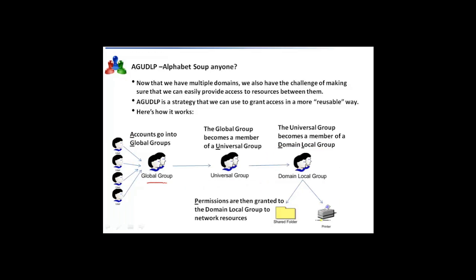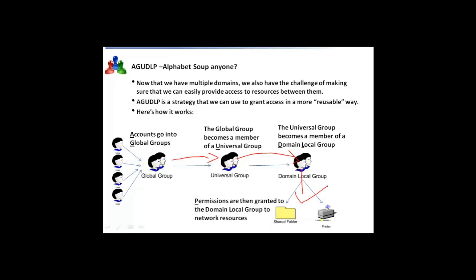All right, let me reiterate to you. We have universal groups, so we can assign global groups from within the domain, from another domain, from another domain, on a universal group, so we can add it to the domain local group, so it's only one instance.